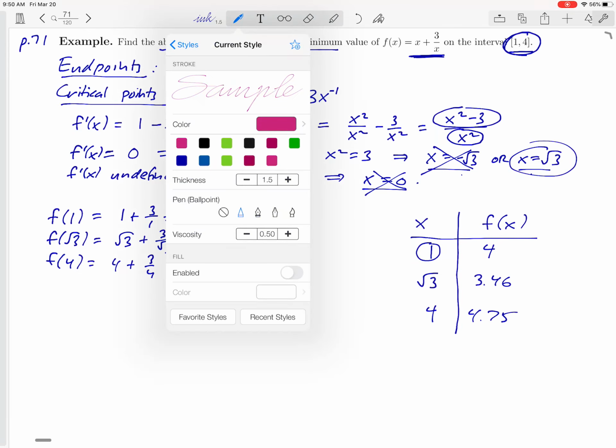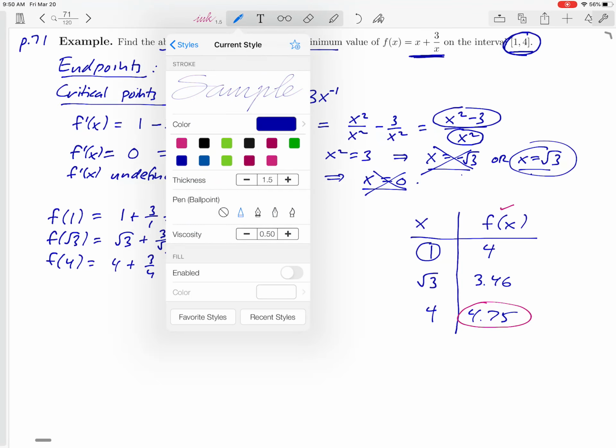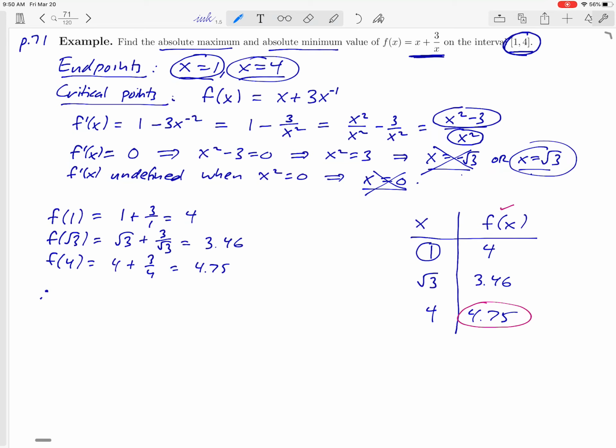All right. So where is our absolute maximum? Well, to answer that question, just ask yourself, out of the 3 y values that you see over here in the f of x column, which one is the biggest? It looks like 4.75. That must be our absolute maximum.